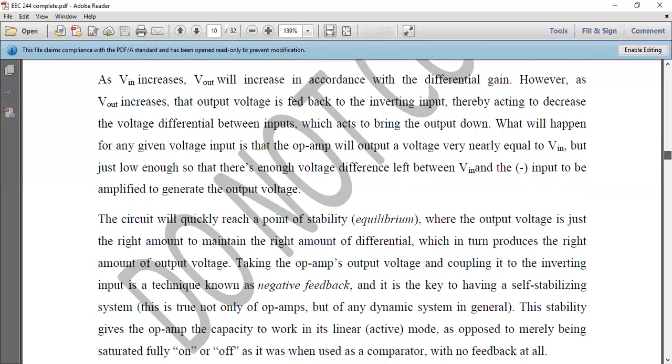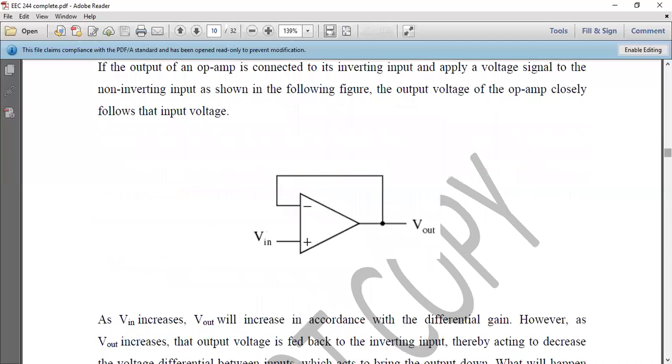Wire the amplifier in this manner to achieve negative feedback. The inverting input, the negative terminal, is connected directly to the output terminal. And then the signal that you want to amplify is fed in through the non-inverting input, that is the positive input.